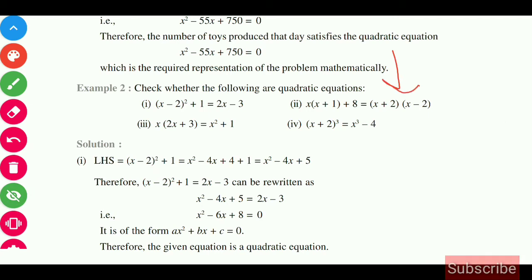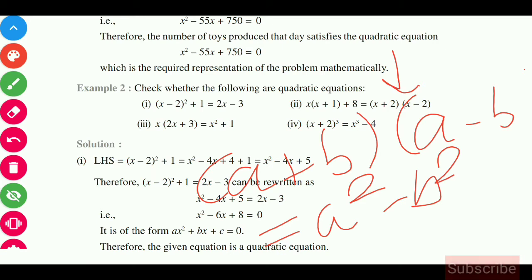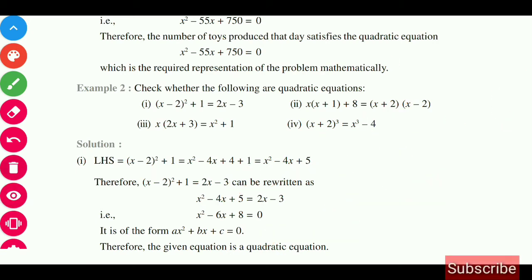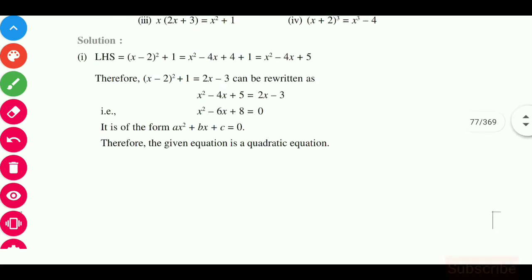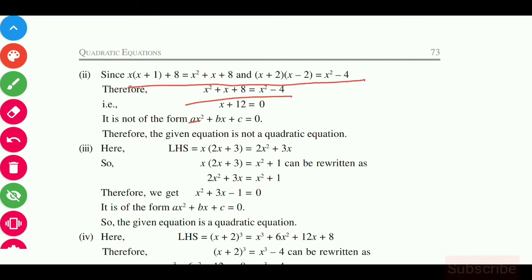In this we will be applying the identity a plus b into a minus b equals to a square minus b square. Here we have simplified it and brought it to the standard form.